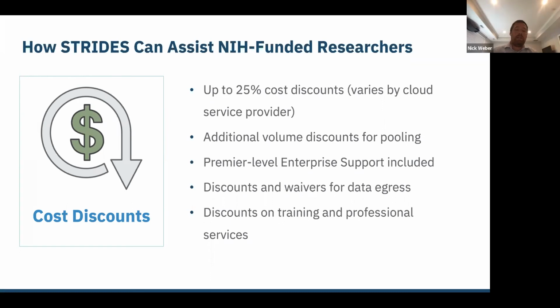So these are a few of the cost benefits that are available by going through this program, STRIDES, to get to the cloud, as opposed to working only with your local institution to get to the cloud. And we'll help to manage those relationships. I'll talk about that in my final few slides, to help any research institution that we fund participate in STRIDES and get everything set up.